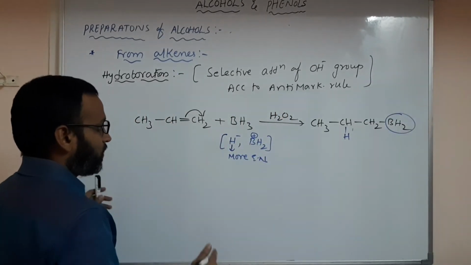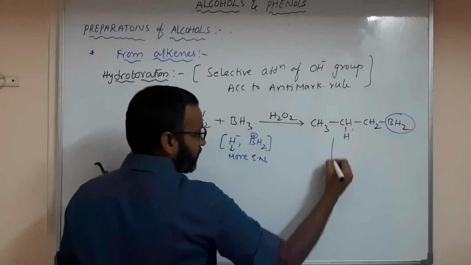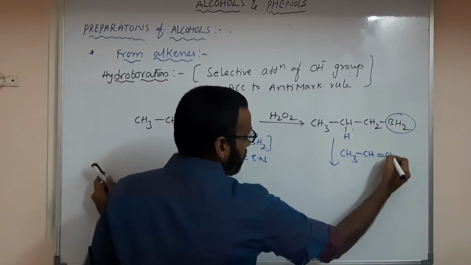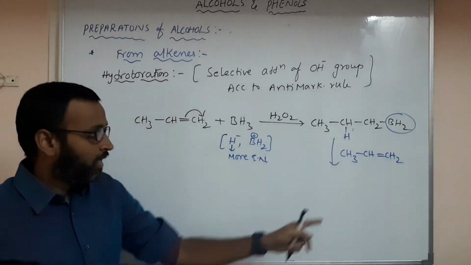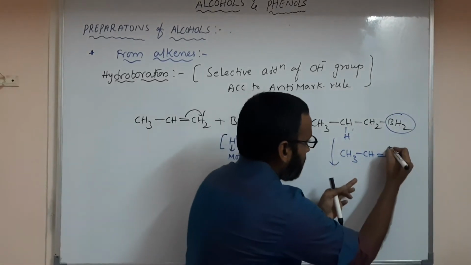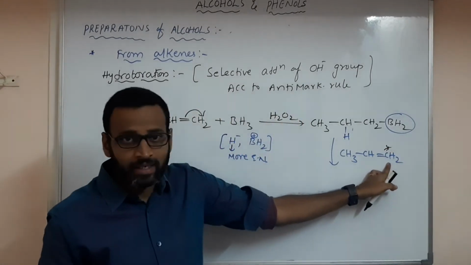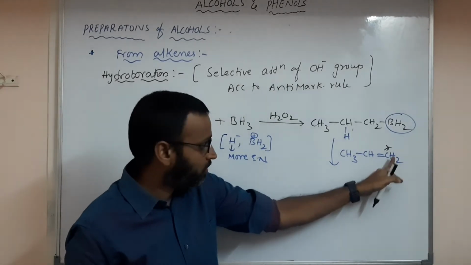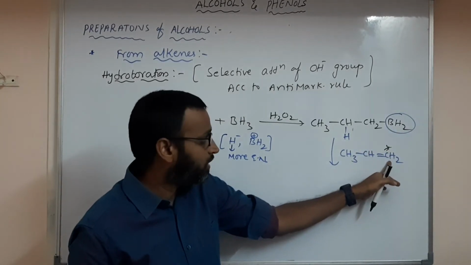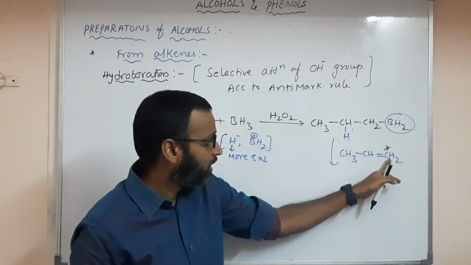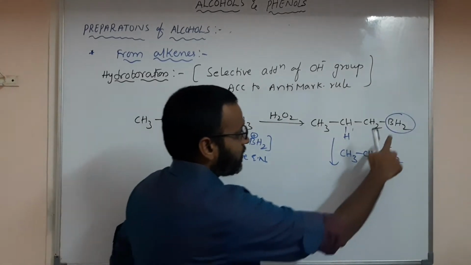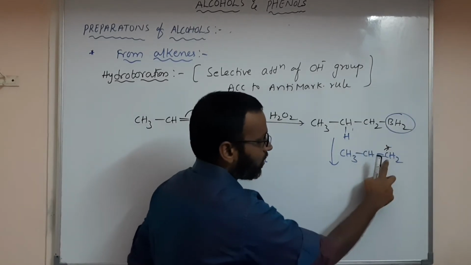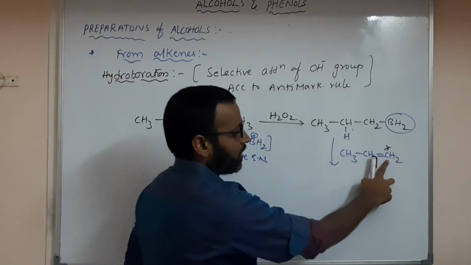So here what happens later on? If you add two more moles of CH3, CH, double bond CH2, at this particular carbon this boron will form a new bond. Two hydrogens as H minus will shift here and this boron will form new bonds with this carbon.